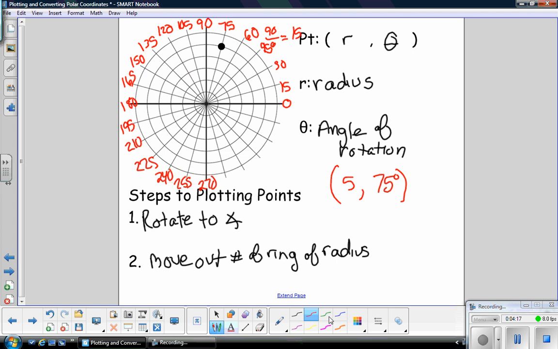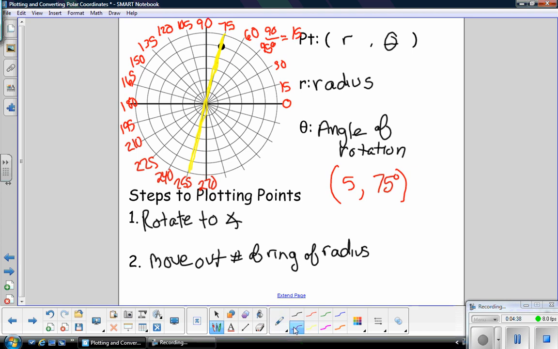See this line that 75 degrees is on. That whole line, you can think of this point a few different ways.